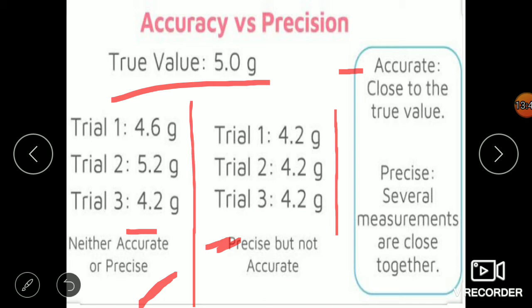Hope you understood accuracy and precision. Accuracy means the value is close to the actual or true value, and precise means that if you repeat several times, the values will be close to each other. It's not necessary that they will be close to the true value, but repeated values must have some similarities.